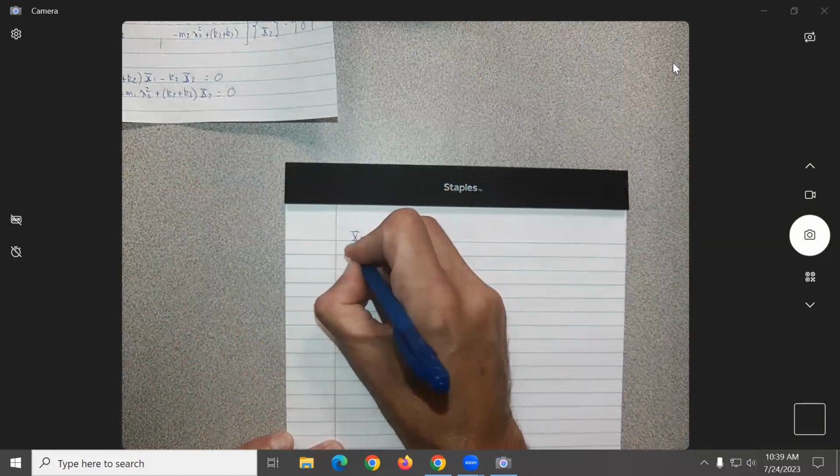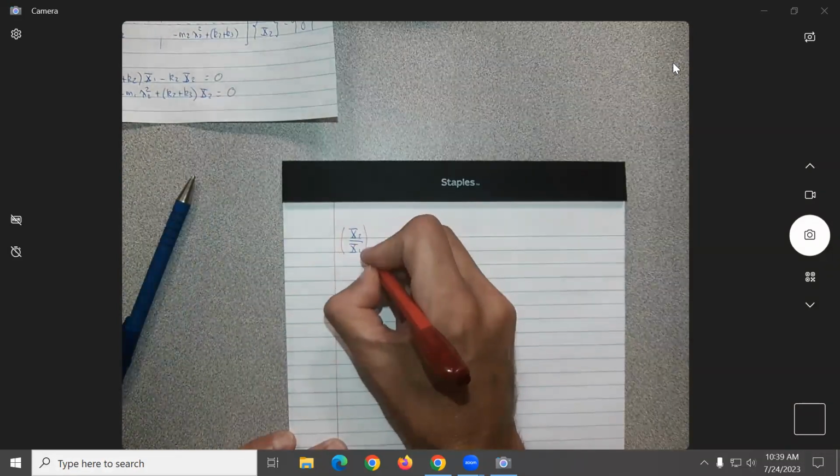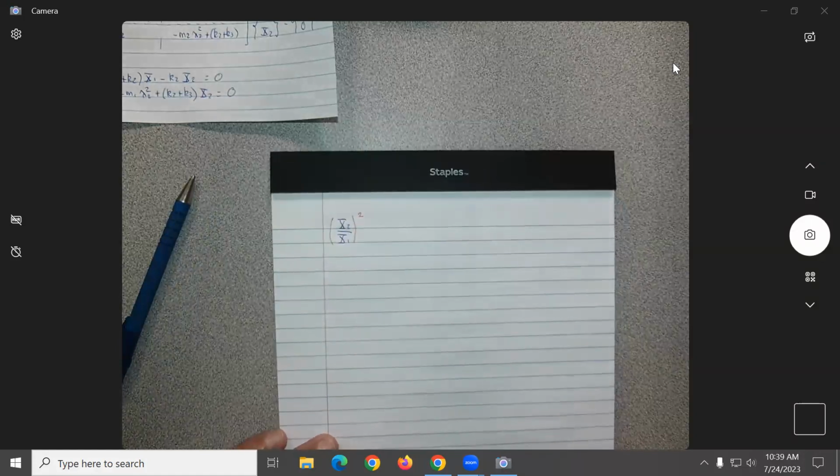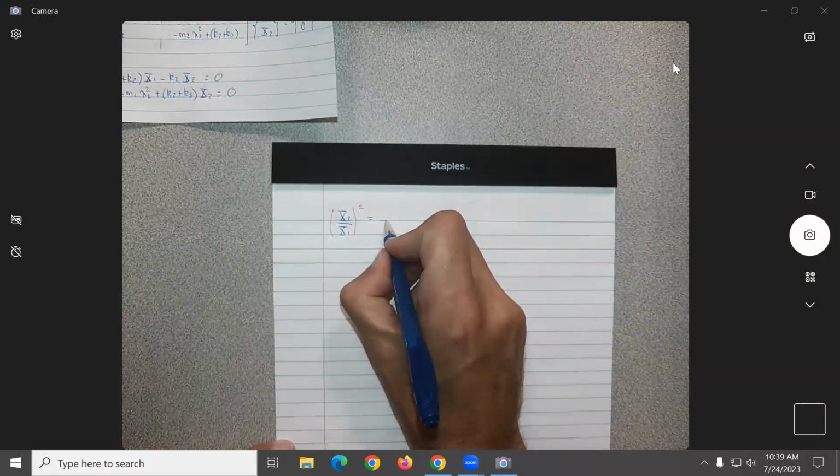x2 over x1, but this time I'm going to put the 2 on top to make sure that this is for case 2. And this should be equal to what?